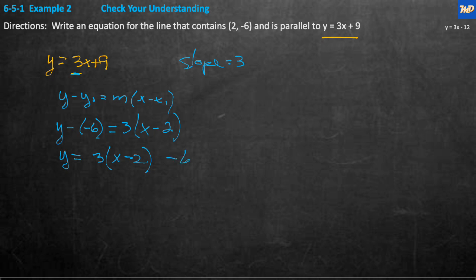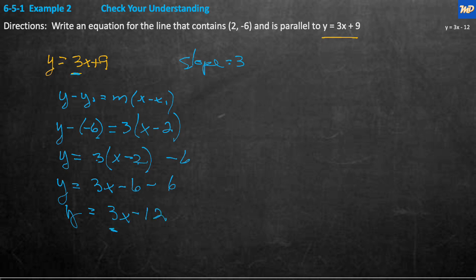I'm going to solve the distributive property. So I'm going to say y is equal to 3x. 3 times negative 2 is negative 6. Okay, and negative 6. Oops, got carried away there, Bob. Minus 6. So negative 6 minus 6 is negative 12. So the solution here then is y is equal to 3x minus 12.